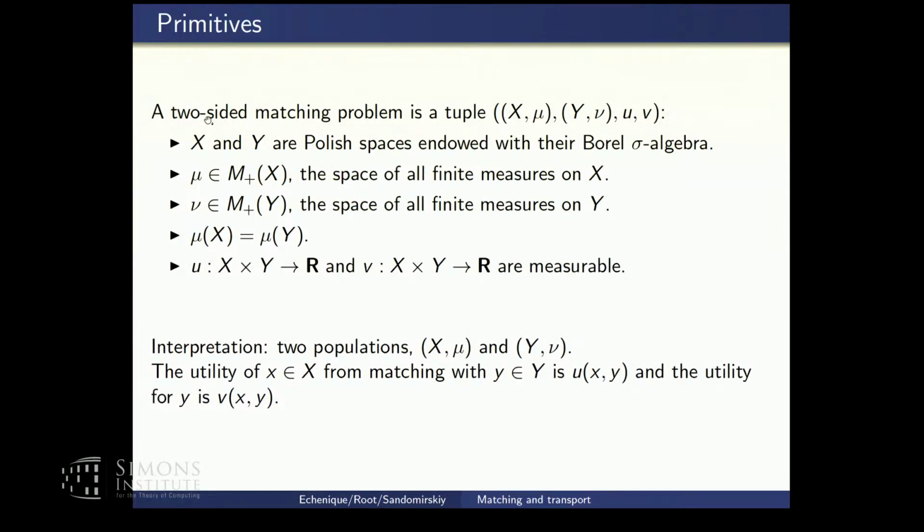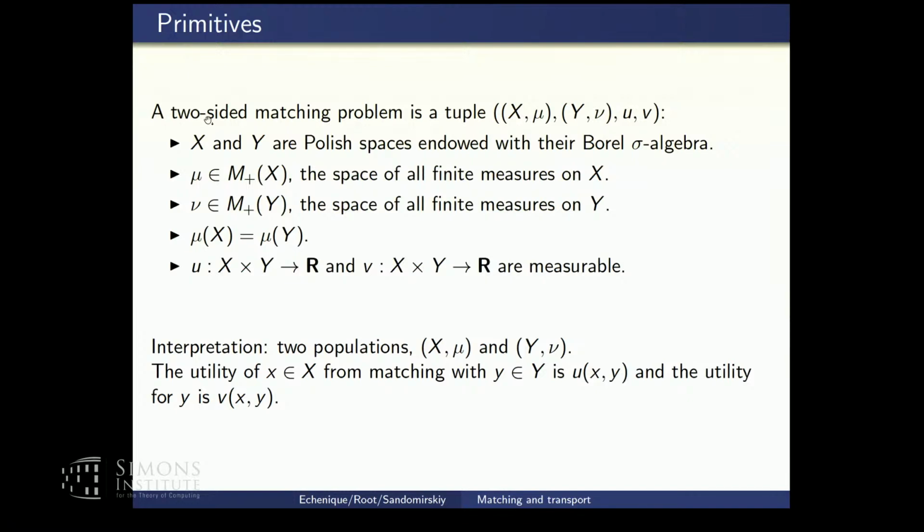Okay, so this is the model. Like you saw in the examples, I will be interested in markets which are not necessarily finite. One advantage of this is that we can talk about very general matching markets. So a matching problem is a tuple (X, μ, Y, ν, u, v), where X and Y are Polish spaces.